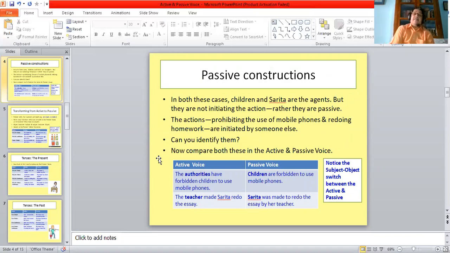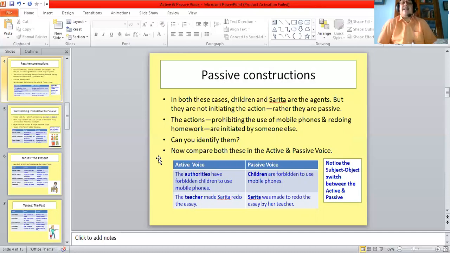Now compare them in the use of the active voice. These same sentences. The authorities have forbidden children to use mobile phones. So this is putting it explicitly. So we can understand now that it's the authorities who have actually forbidden the use of mobile phones by children, and we are just omitting the agent with by in the passive voice, which is used over here.